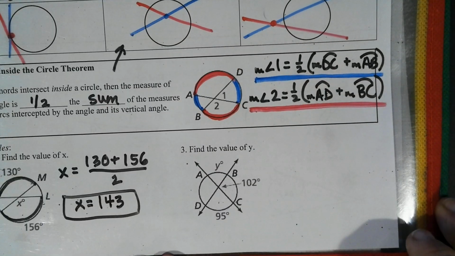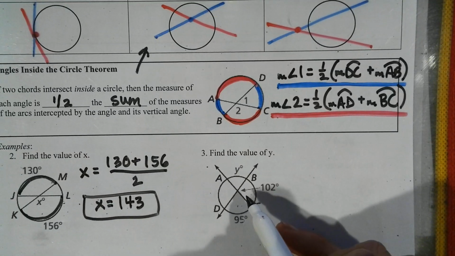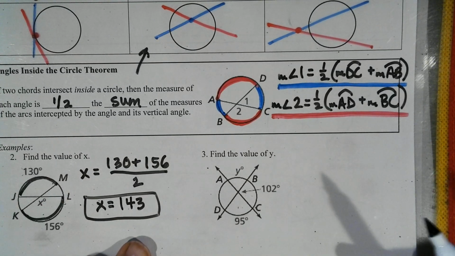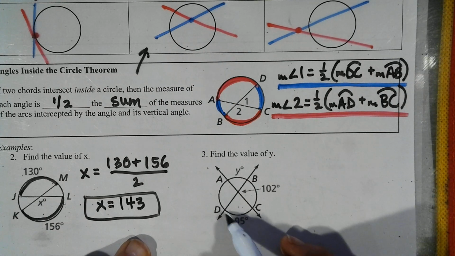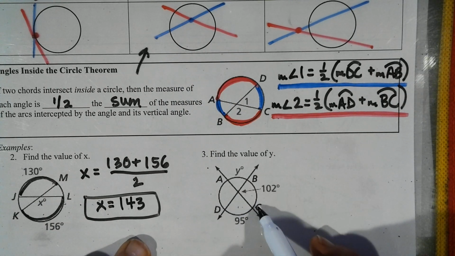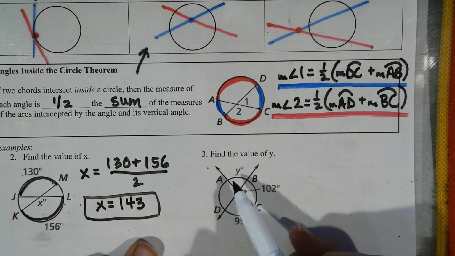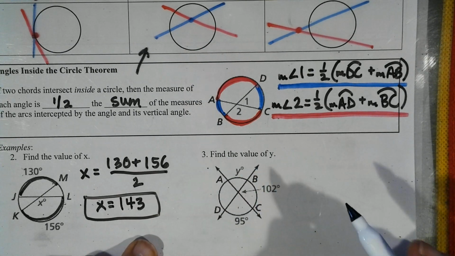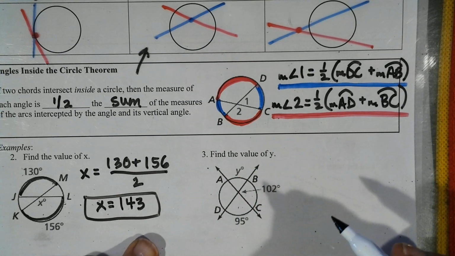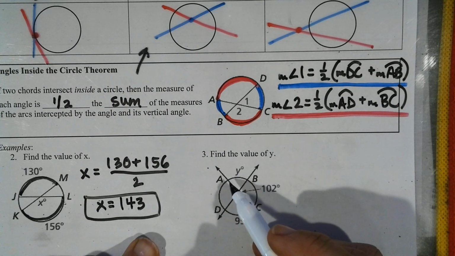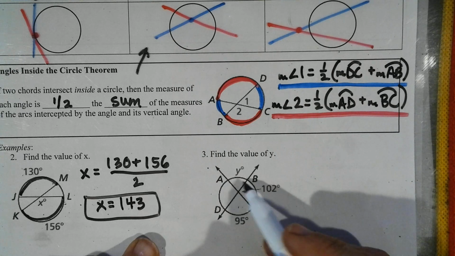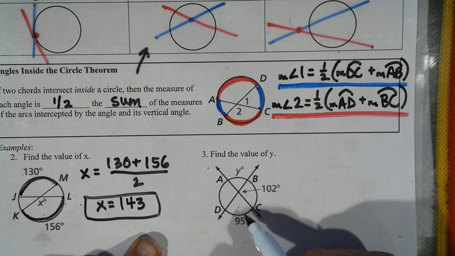Now this one, it's giving me the angle, and I have to figure out other stuff. So I want to find y. This is 95, this is 102. I'm looking for y, and I should probably also be able to figure out some other stuff here, but it looks like this arc here plus this arc here.